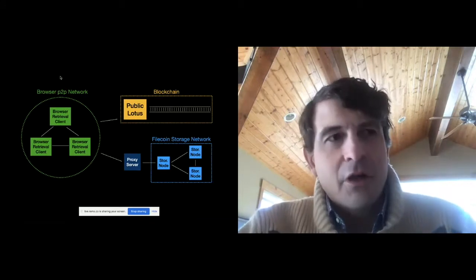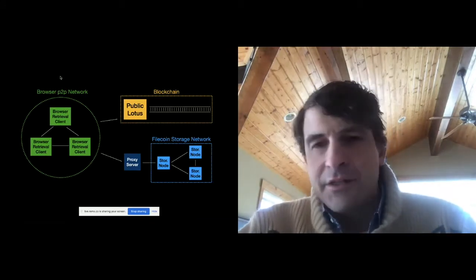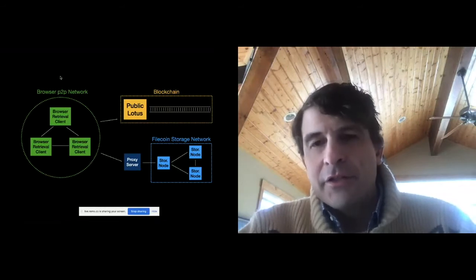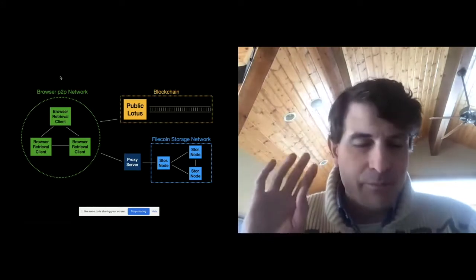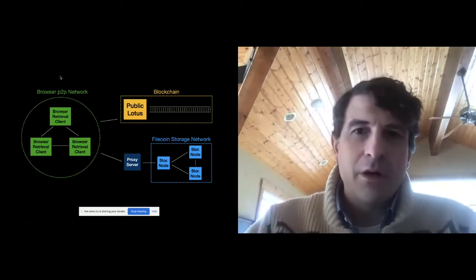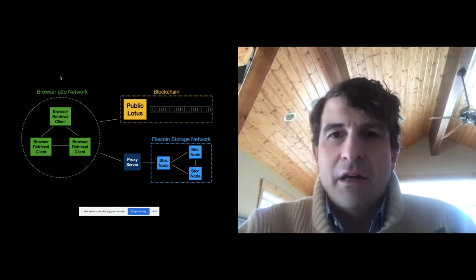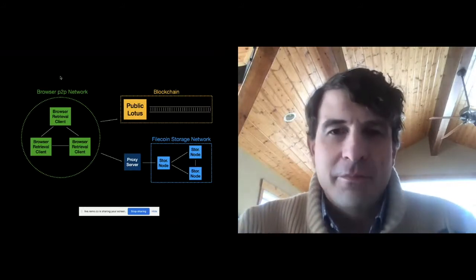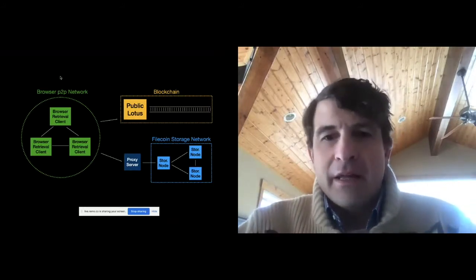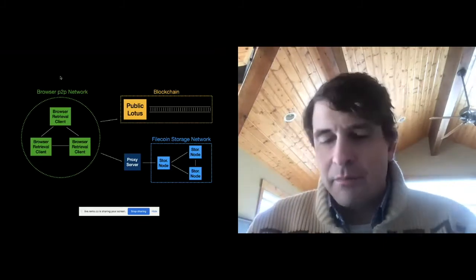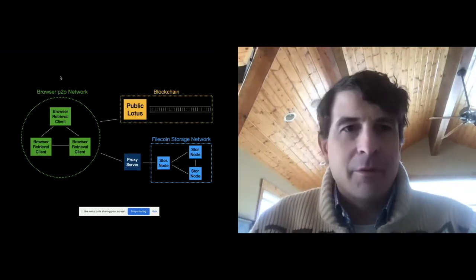That just means it's a Lotus that anyone can access. It doesn't store any wallets. It doesn't store any private information. All it does is give you a pathway by which you can publish messages onto the blockchain, and that's fundamentally what moves the Filecoin system forward. And the interaction with the Filecoin storage network, I'm going to talk about in a moment.